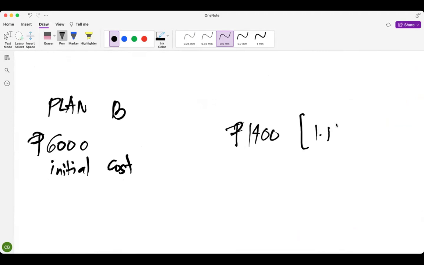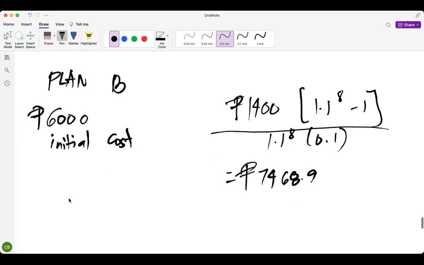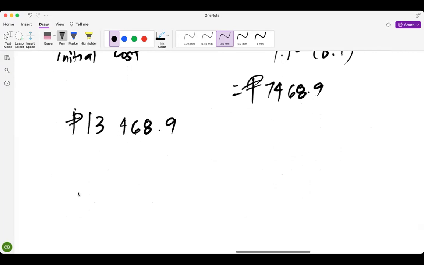So 1.1, 10% again, raised to 8 minus 1 all over 1.1 raised to 8 multiplied by 0.1. So this would be 7,468.9. Okay, so we just add both of the costs. So we have 6,000 plus 7,468.9, which is 13,468.9 pesos. This is the total expense.